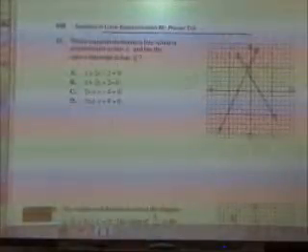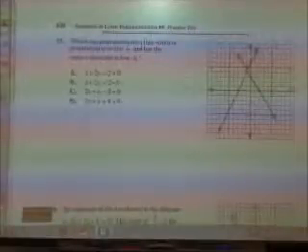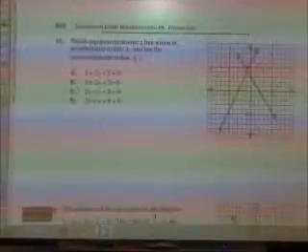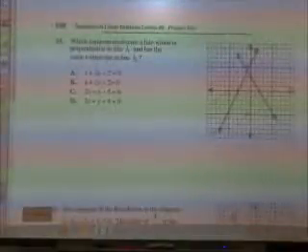Question number 11. Which equation represents a line which is perpendicular to L1 and has the same x-intercept as L2? So what information do I need to know? The slope of L1. So find the slope of L1.